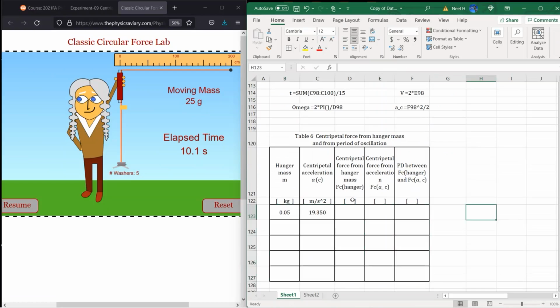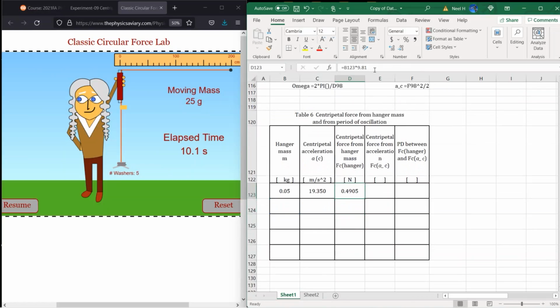And then we'll calculate the centripetal force by using two methods now, by using the centripetal acceleration and by using the hanger mass. By using hanger mass, which is equal to hanger mass we calculated on cell B123 multiplied by gravity 9.81. We'll add that function below here.